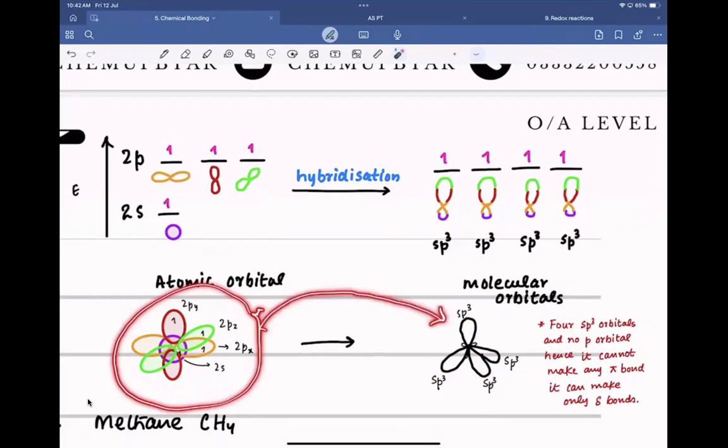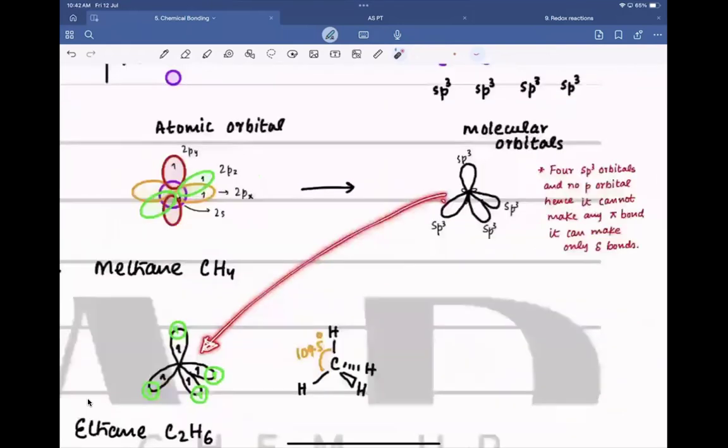If you see, this orbital is overlapped by one s orbital of hydrogen. So a sigma bond is formed between carbon and hydrogen. Isn't it a direct bonding, direct overlapping? Yes, sir. That we have studied earlier.